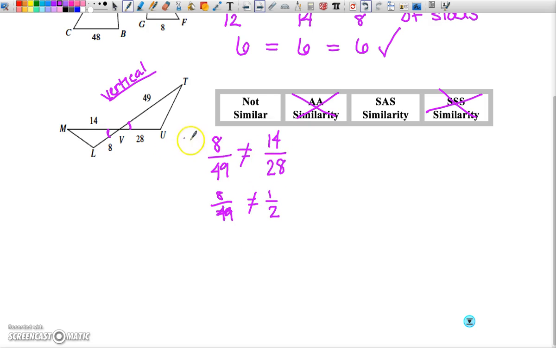So that didn't work, but that doesn't mean they're not similar. So I'm going to try the other combination, which is 8 over 28, and is that equal to 14 over 49? And if you divide them, you get decimals, but it is actually equal. So this would be side, angle, side similarity.